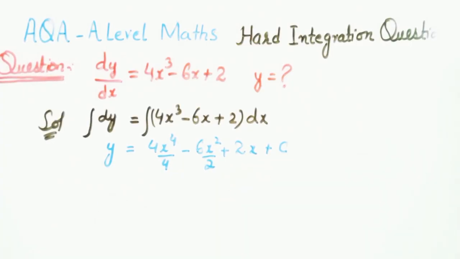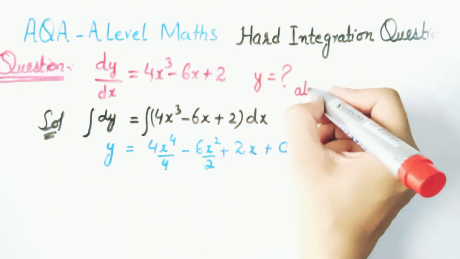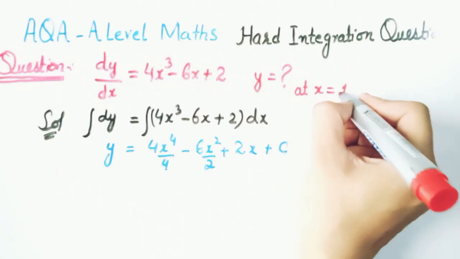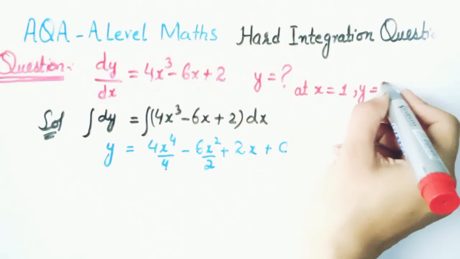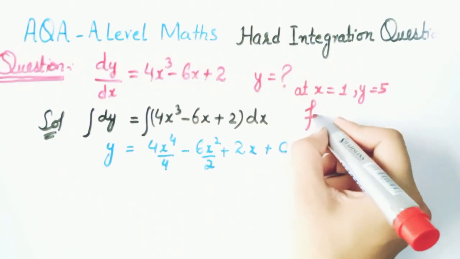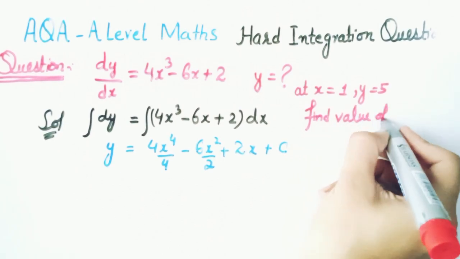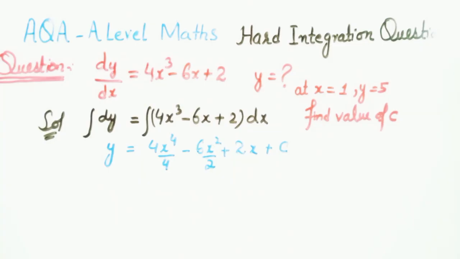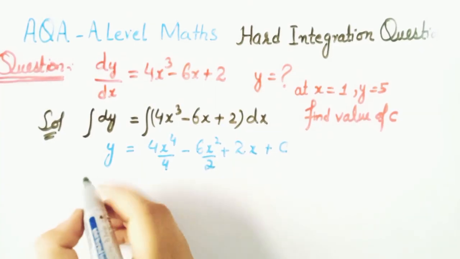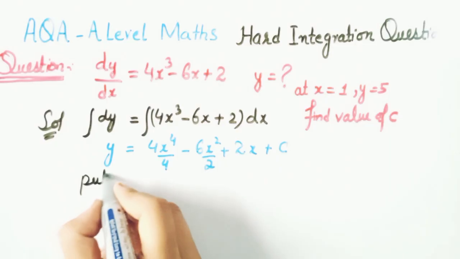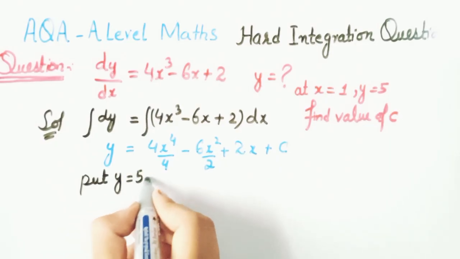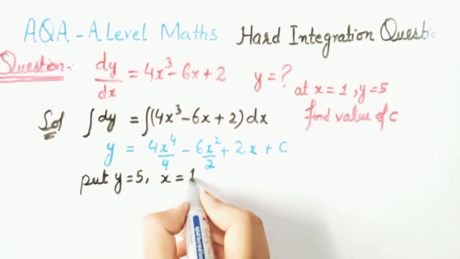Now you have to find the value of c, given that at x = 1, y = 5. So we will solve this further by putting y = 5 and x = 1.